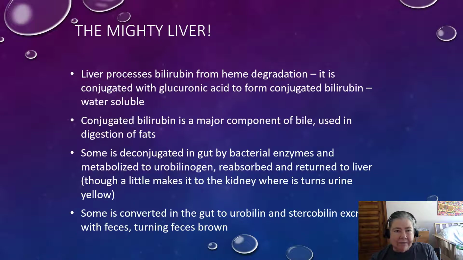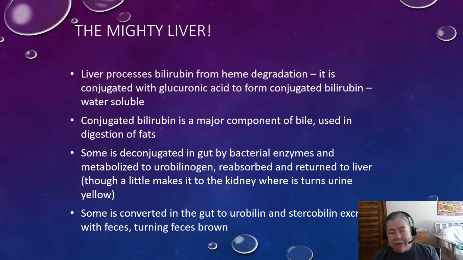Red blood cells have a finite lifespan, so the heme from dead red blood cells becomes bilirubin and is conjugated in the liver to form water-soluble conjugated bilirubin. This is also called direct bilirubin when you're in lab medicine. So conjugated bilirubin has been processed by the liver.